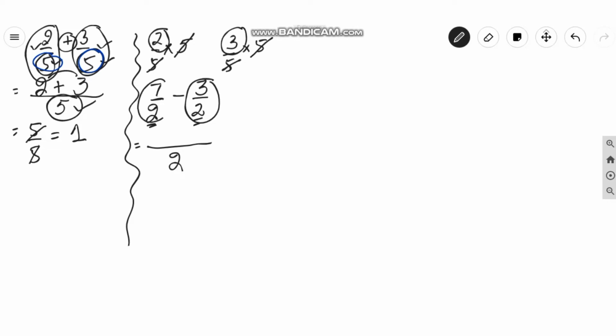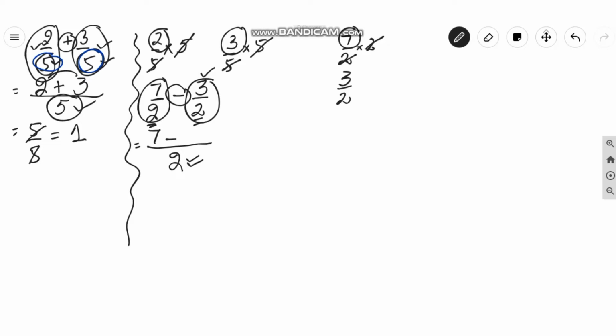Now take the first rational number, that is 7 by 2, multiply it with the number written here, which is 2. 2 is cancelled with 2 and our remaining answer is 7. Now the next is a sign, that is minus in this case. Now take the second rational number, that is 3 by 2.